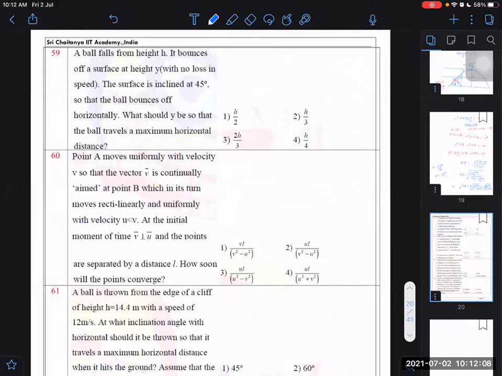How to do 59? Surface is inclined at 45 degrees angle so that the ball bounces off horizontally. What should y be so that the ball travels maximum horizontal distance?